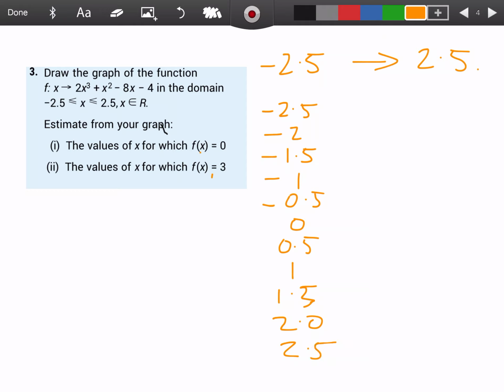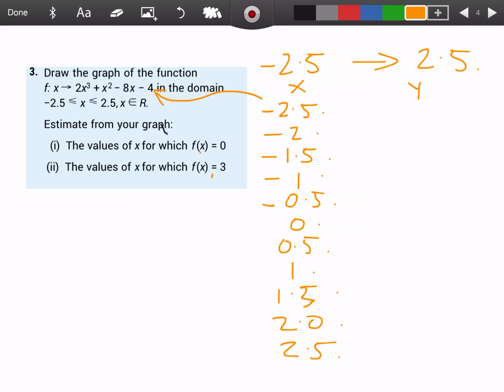If you do that, then you're going to get it correct. They're your x values. Remember, you fill them into the function, you get your y value, and then you're going to have 1, 2, 3, 4, 5, 6, 7, 8, 9, 10, 11 points to plot on your graph. That's what I would suggest you do, okay? So you can go about doing it that way.